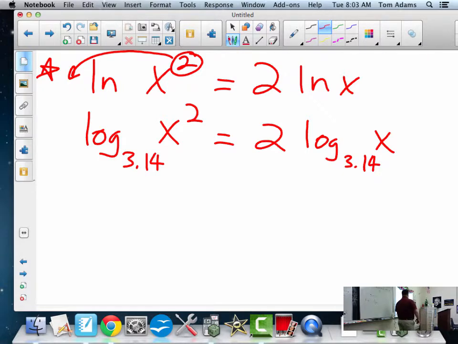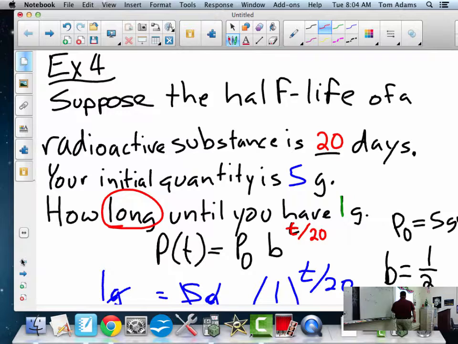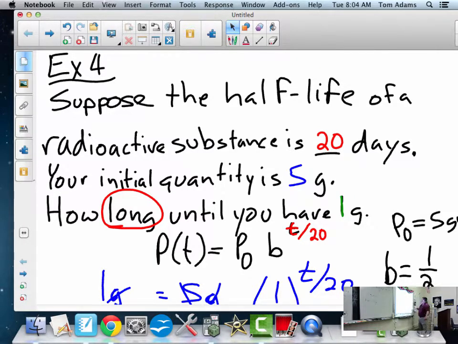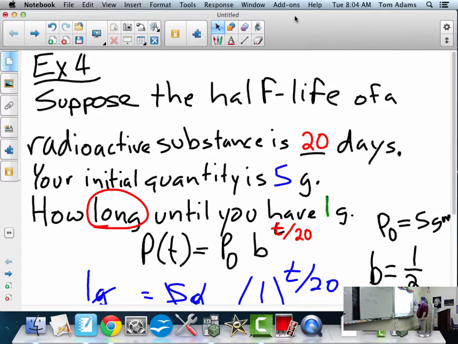And so we're going to try to apply this property to pull that t over 20 out of the exponent, and bring it down to the front, and then we can just solve for t algebraically. Now, we like to use the natural log because we have a key for that on our calculator.